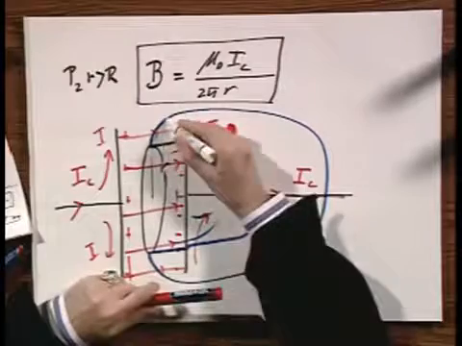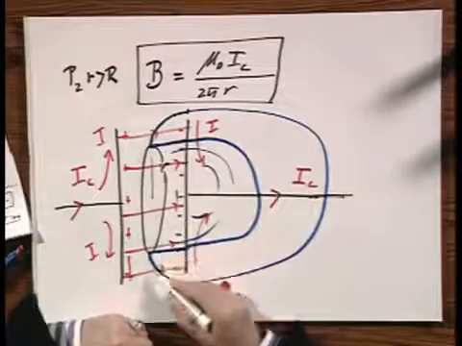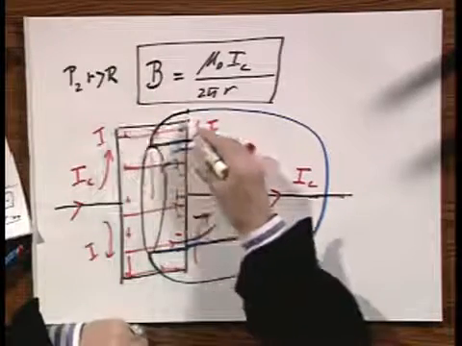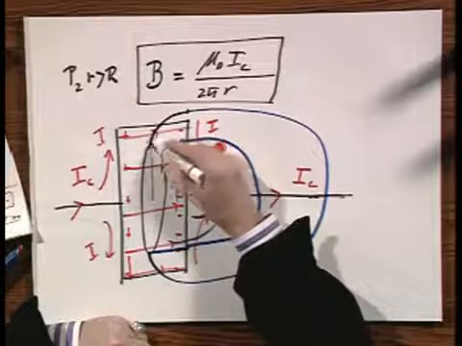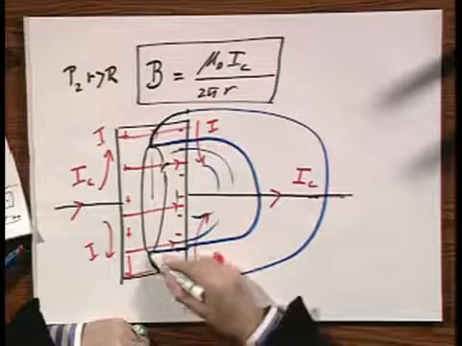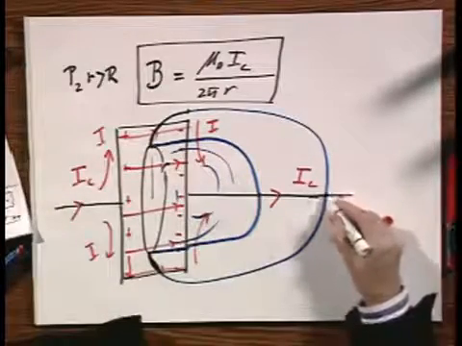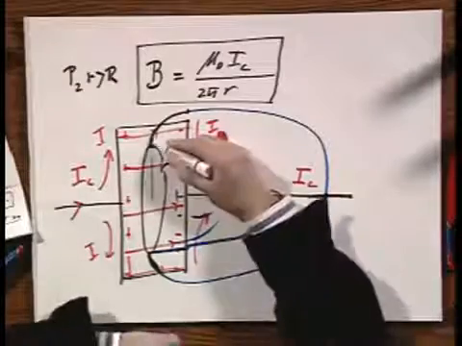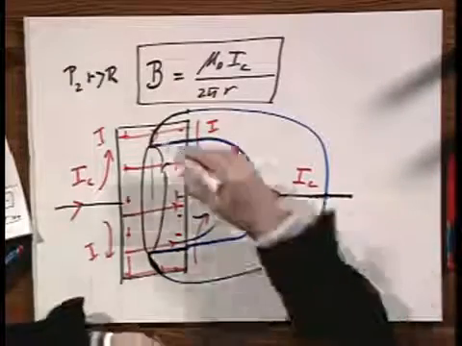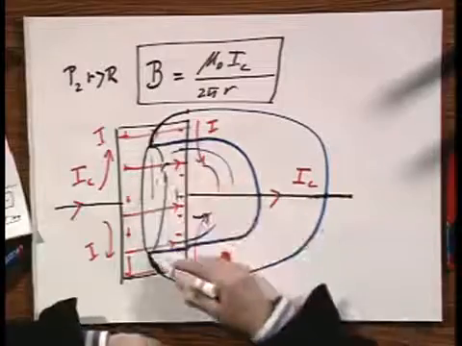Through this part of the surface and through this part of the surface, as long as I'm inside the capacitor, there is a changing electric flux, which now I have to take into account. So not only is the second term of Maxwell's equation not 0 due to this conduction current, but the first term is not 0 either. And so I have to calculate both. I have to take the dot product into account of E dot dA. I have to calculate again the displacement current.